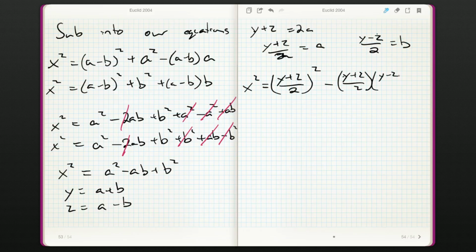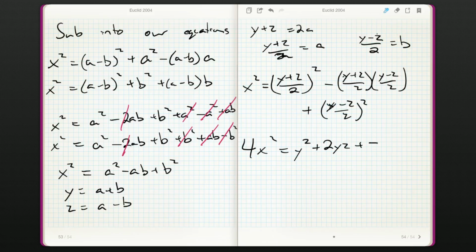Oh, and there's a nice difference of squares right there. And then y minus z over 2 squared. So I'm just going to say 4x squared is, and now we've got y squared plus 2yz plus z squared minus, it'll be y squared minus z squared plus y squared minus 2yz plus z squared.